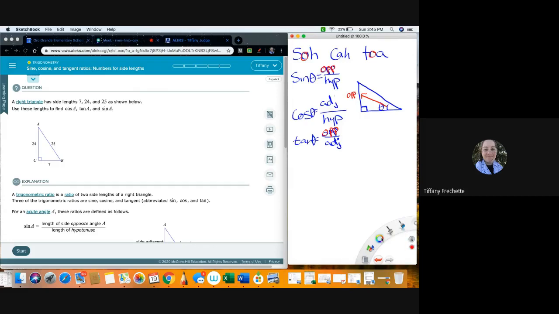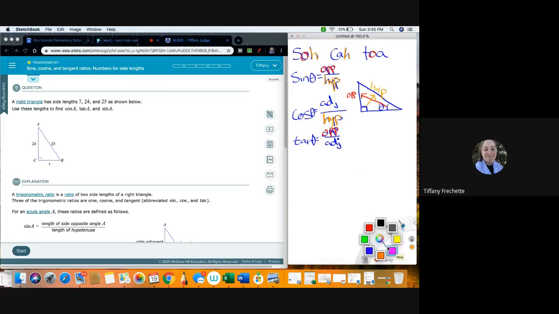Then I'm going to switch my color again here. So let's go with hypotenuse. Let's look at H, and I'm going to go with orange for H for whatever reason. So hypotenuse is in orange. If I want hypotenuse, hypotenuse is always across from the 90-degree angle. Always, always, always. So this is our hypotenuse here.